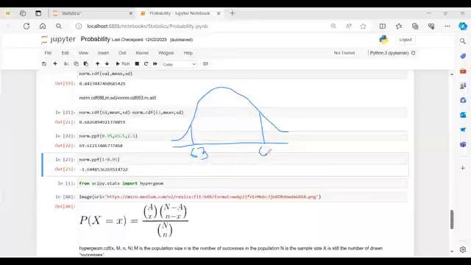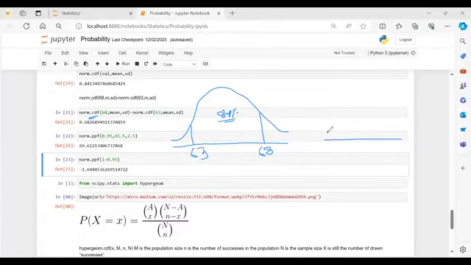Now with this CDF function, I got that it is 84%. 84% of the values in this normal distribution fall between this range. So the probability of getting any number between 68 and 63 is 84%. So that we are finding out through CDF.